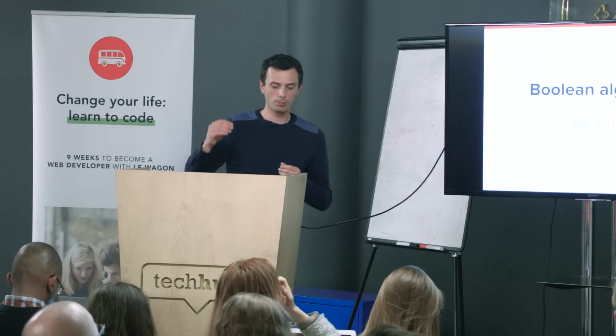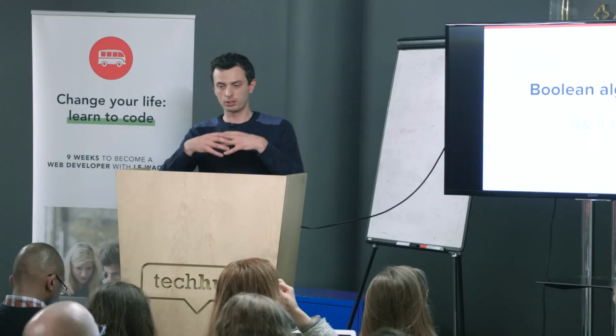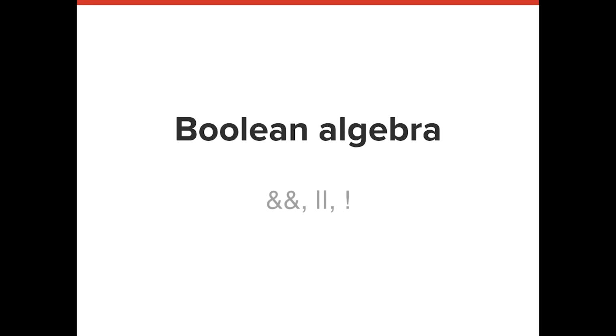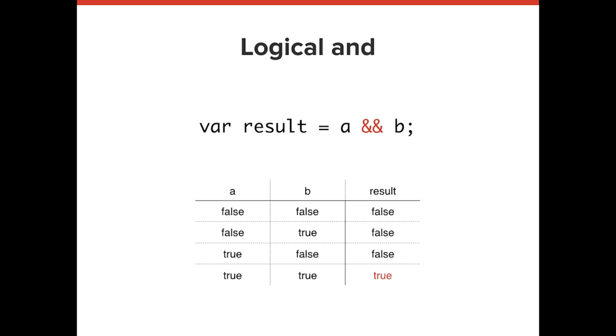So the magic behind this condition code is what we call Boolean algebra. So basically, when you have a condition, like is the weather sunny, is the weather not sunny, you can mix conditions together. And this way, you can create powerful programs. To mix conditions together, you can use the logical AND.